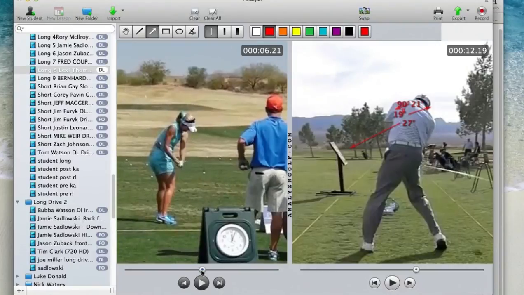What you'll see next is as she's standing up, which helps shallow out the club, now is when she's rotating, not as a way of creating a whole lot of speed, but more in a way of controlling the path. Because at this point, the effect the upper body is going to have on rotating is going to be minimal in terms of how much speed it's going to create.